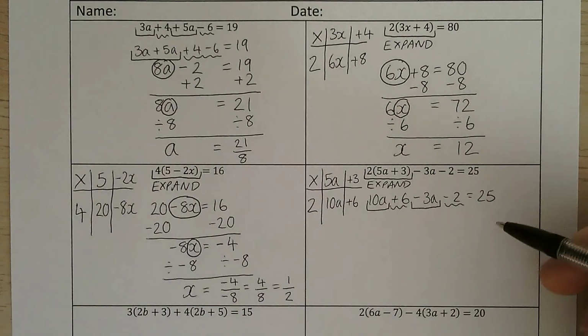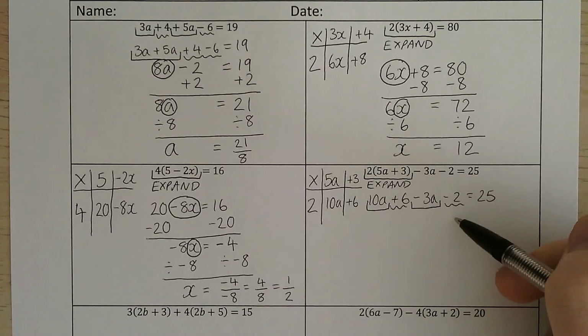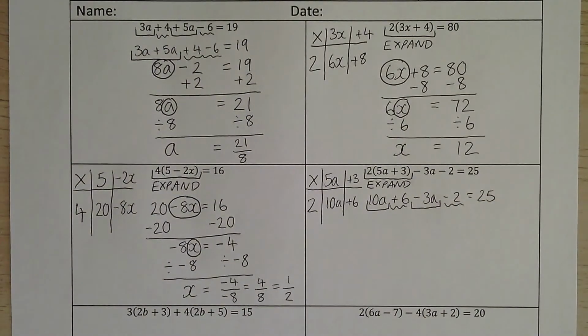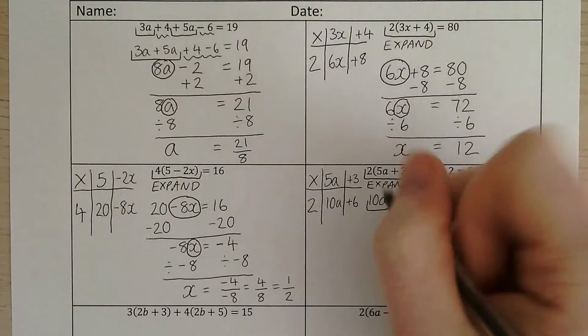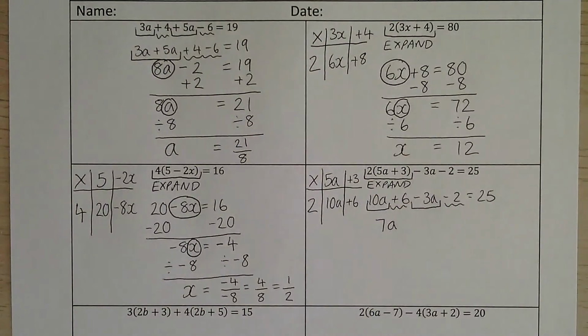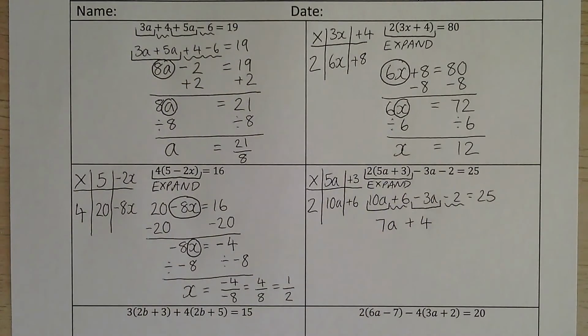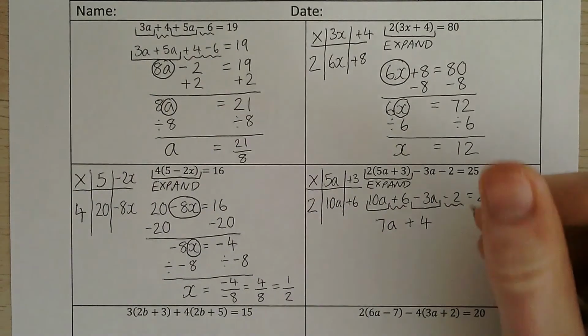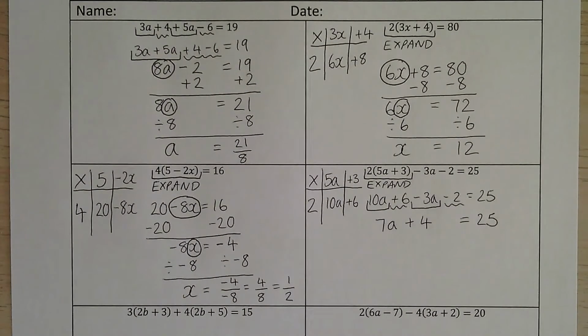I could write out that next step explicitly by writing 10a take away 3a plus 6 take away 2, but to save myself a bit of space, I'm going to do 10a take away 3a, which is 7a, and write that down, and then positive 6 take away 2, which is positive 4, and write that down. The equals 25 needs to drop down to that line as well.